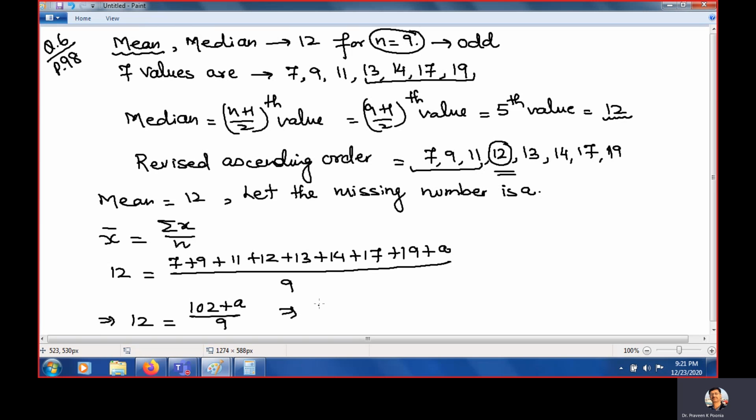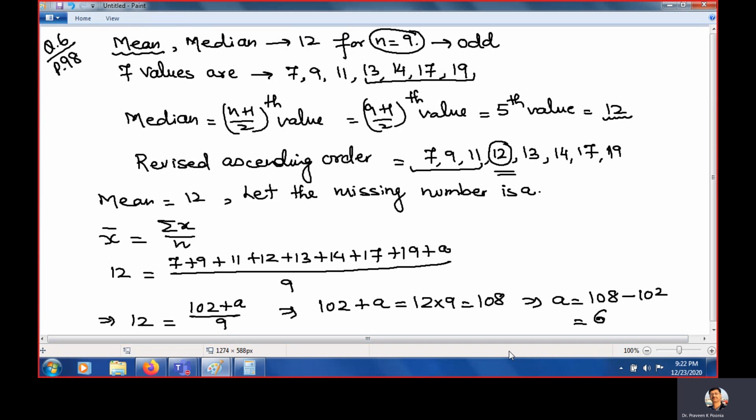Solve this equation. It is 102 plus A equal to 12 times 9, and 12 times 9 is 108. So this implies A is equal to 108 minus 102, that is 6.